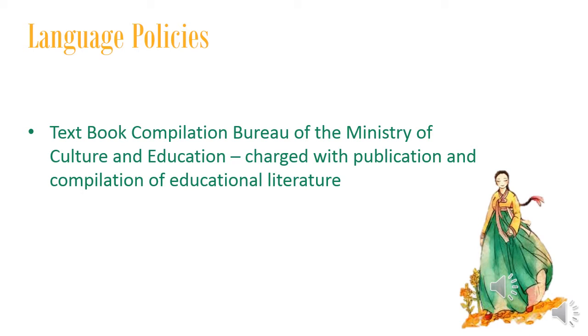This poses a problem because it was very difficult for any linguistic policies to be implemented because of the high level of linguistic expertise that the people in that bureau lacked.